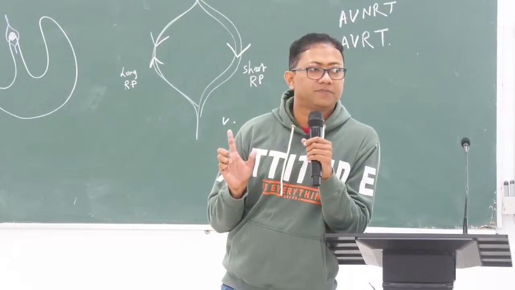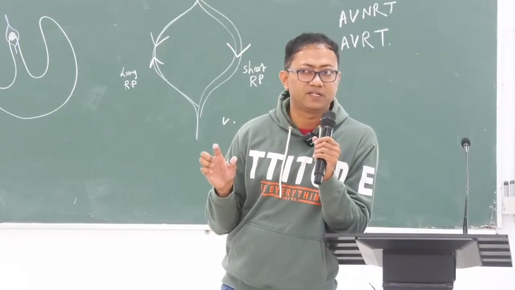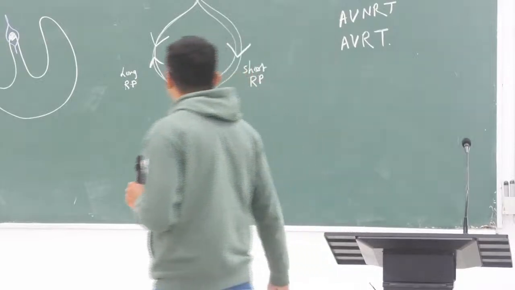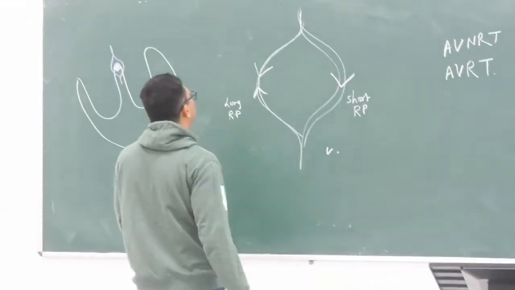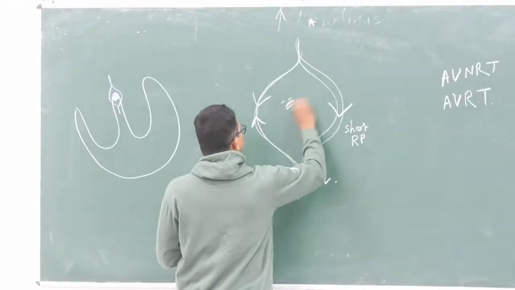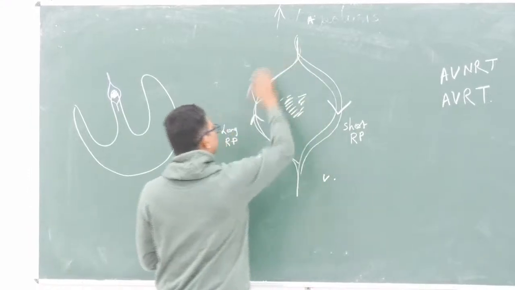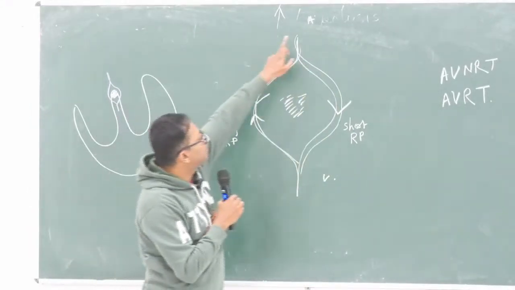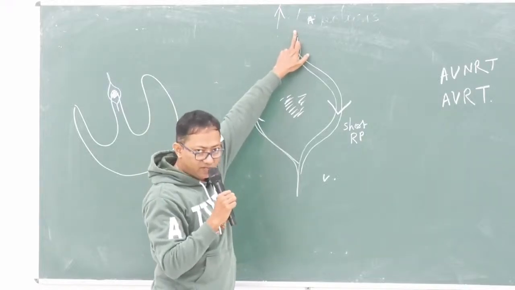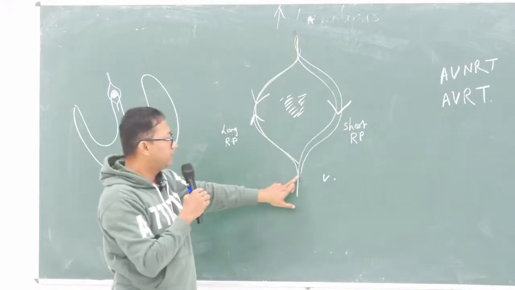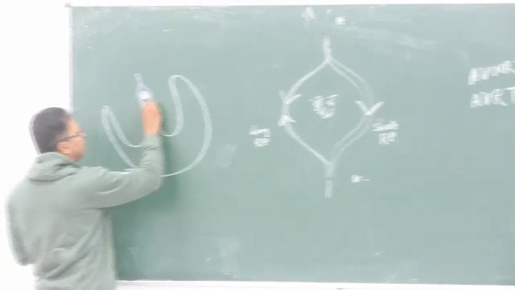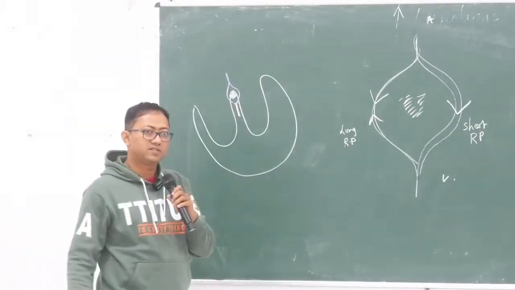You must cross it, otherwise you will not be able to enter into the ventricle, which is a very delicate structure, right? Okay. So, here is the AV node. Around the AV node, you have two pathways. Now, action potential has to come from the atria to this point, which is the upper part of the bundle of His, right?